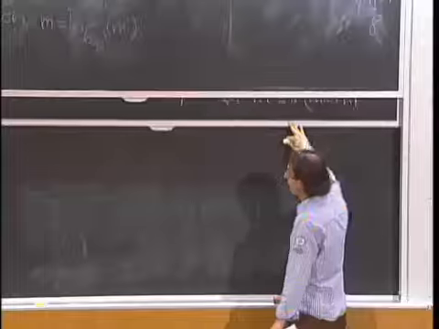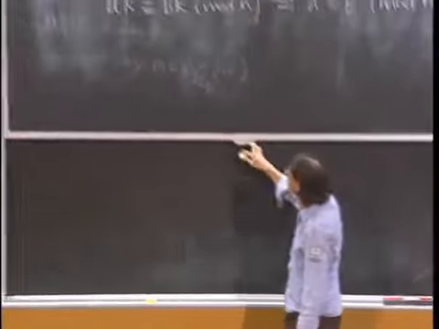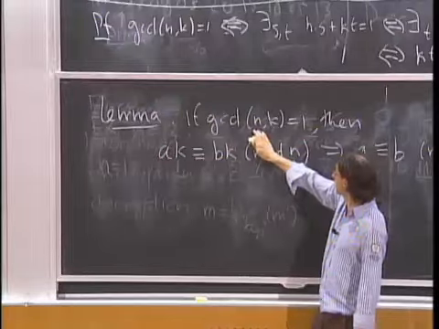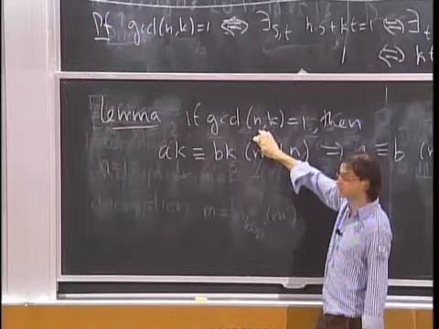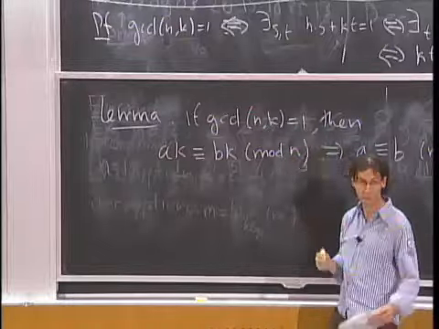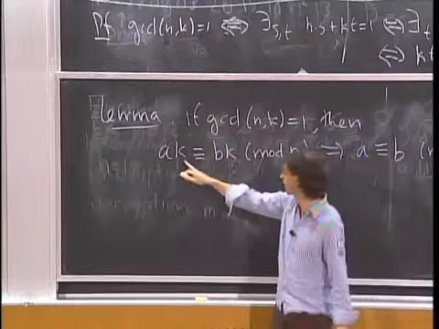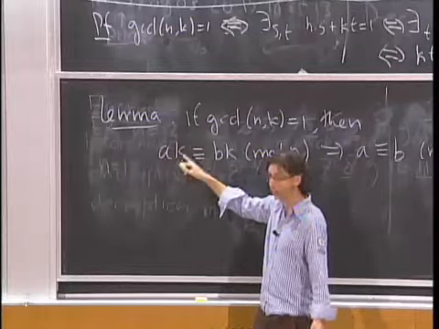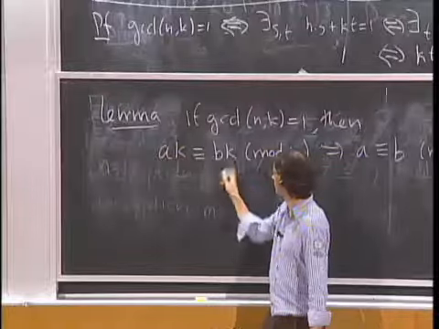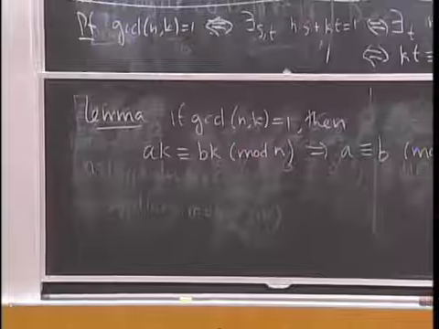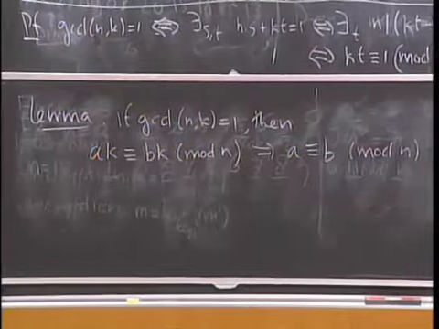Okay, we have been using this property over here because we assume that the greatest common divisor is equal to 1. So we now know that there exists a multiplicative inverse of k. We use that one to multiply away, essentially, the k out of this equation and get a is congruent to b modulo n. Also notice that we use that property over here.